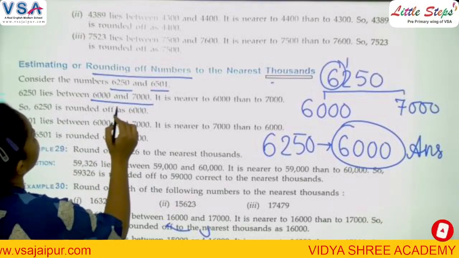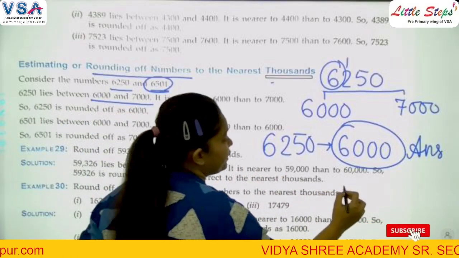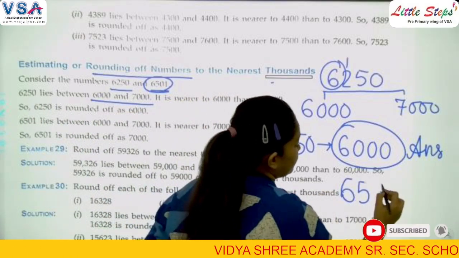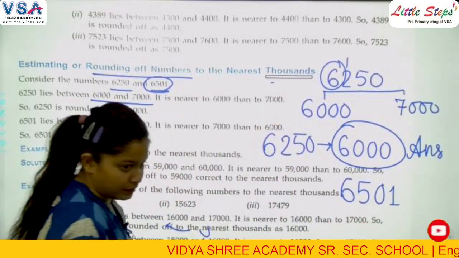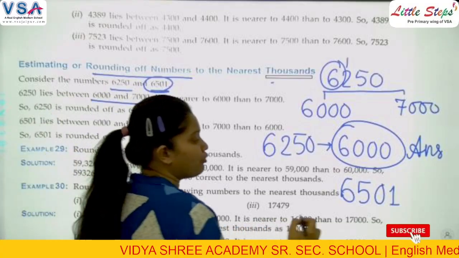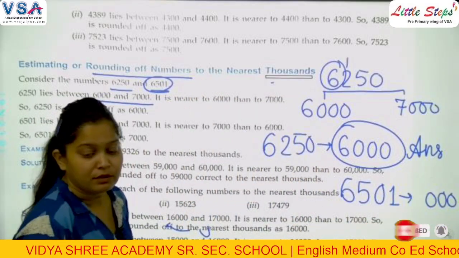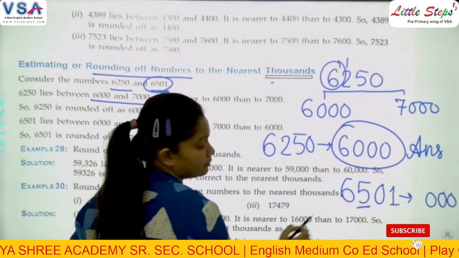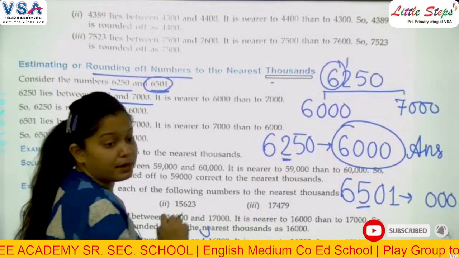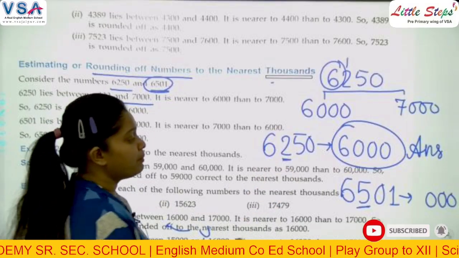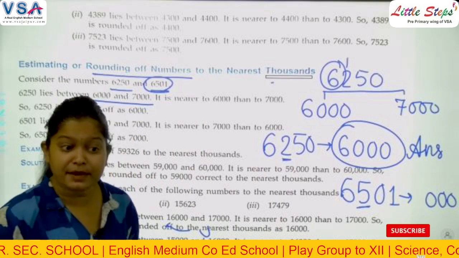I will tell you that number is 6,501. Now let's do round off. How many zeros do we want? Now on the third place, what do we have? 5. Here 2 was the smaller number, so nothing happened. But here 5 is the greater number.